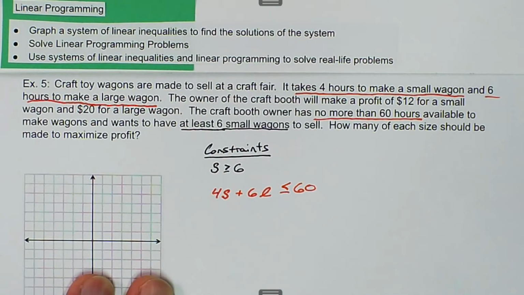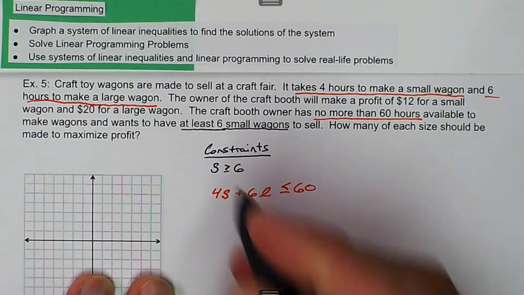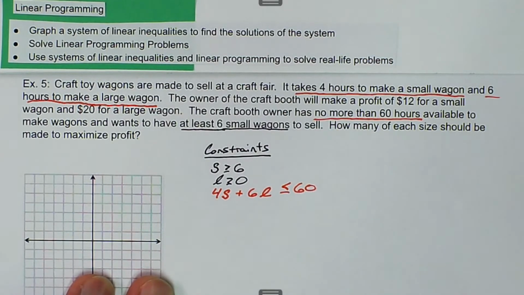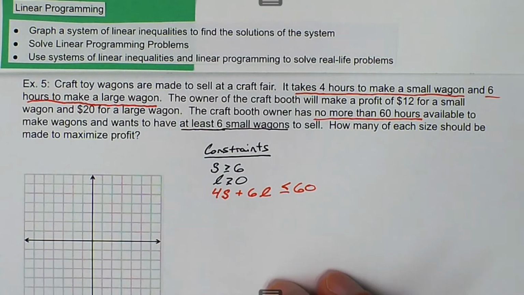And then the last one, the large wagon, doesn't necessarily say, but in this case, the large wagon has to be greater than or equal to 0, because you can't make less than 0 large wagons.